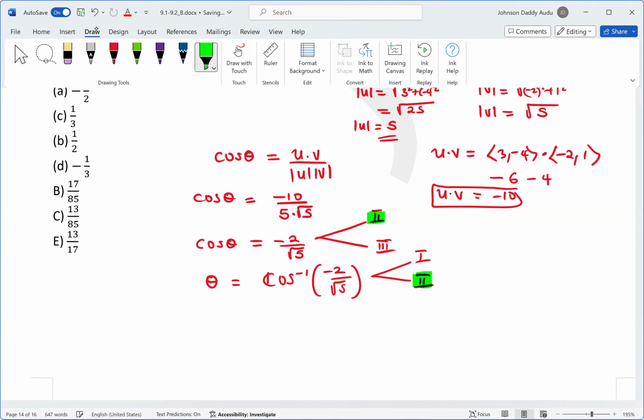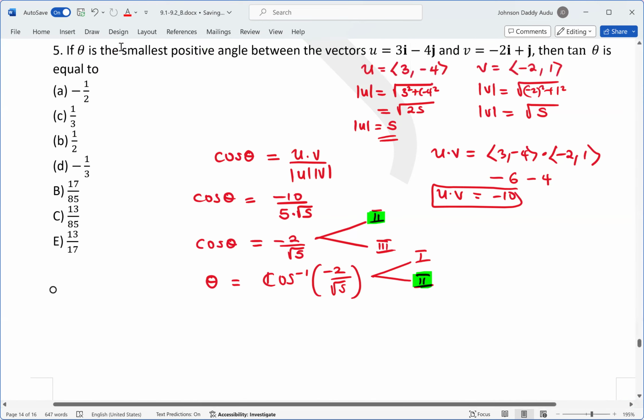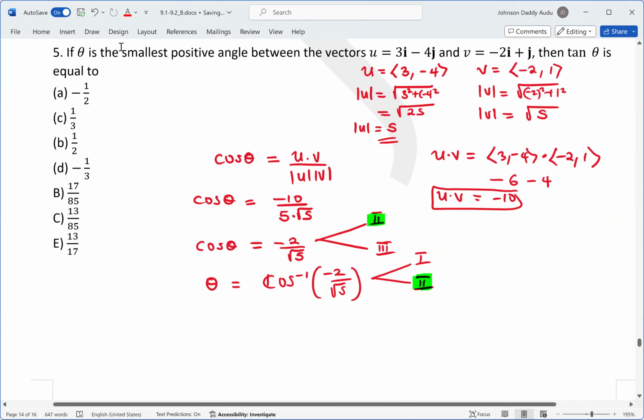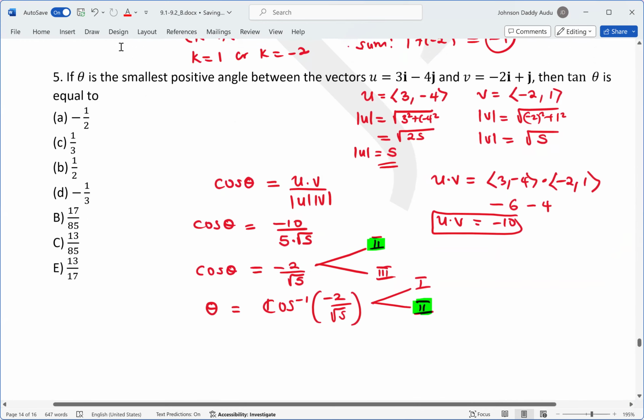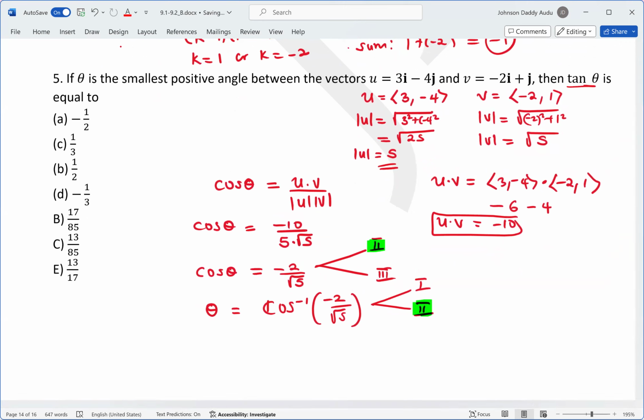Because if you look at what we're asked to find, it's not theta itself, we're asked to find tan theta. So you need to have a diagram, and the terminal side has to be in the second quadrant.